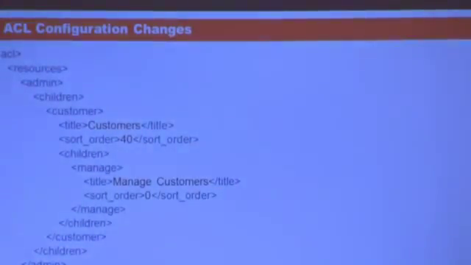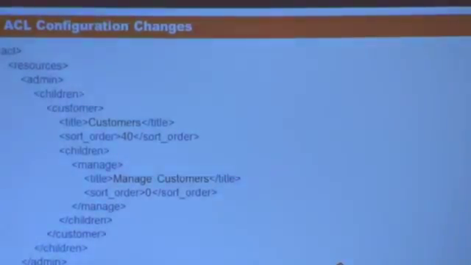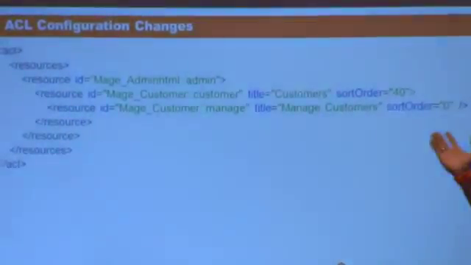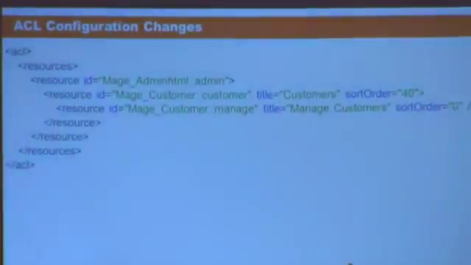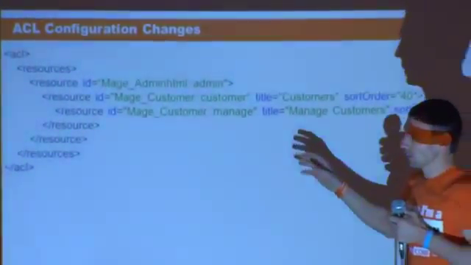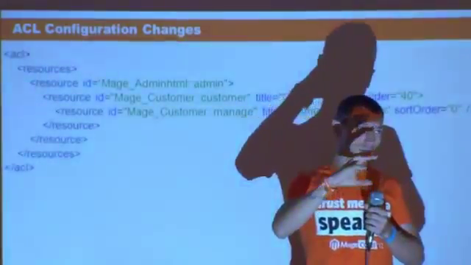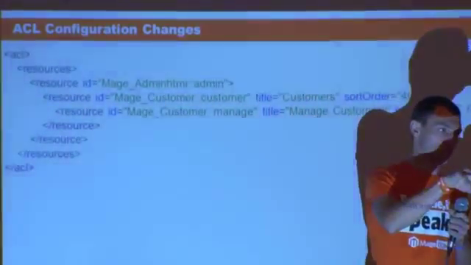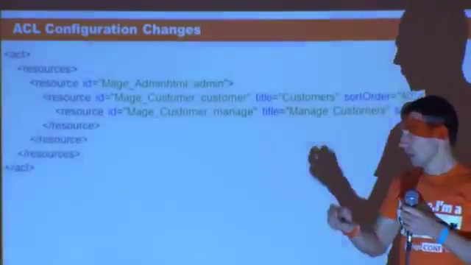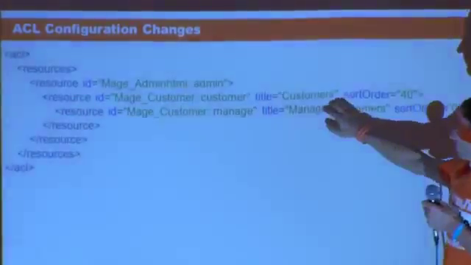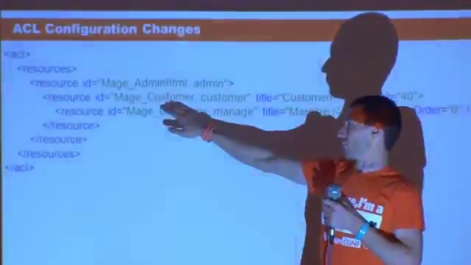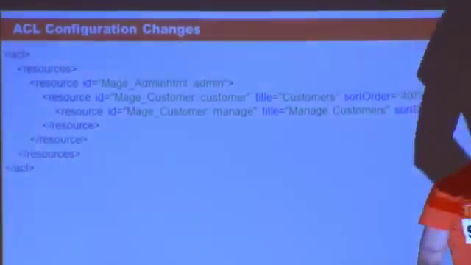This is an example of ACL configuration in Magento 1. All of you know this configuration very well. And this is an example of the same configuration in Magento 2. As you can see, the resource item subnodes are transformed into specific attributes, and our attributes currently have a unique identifier.